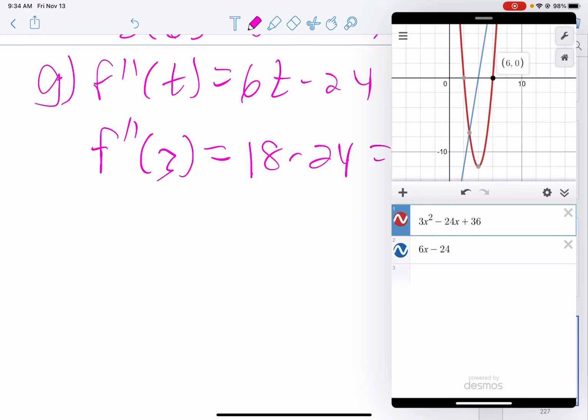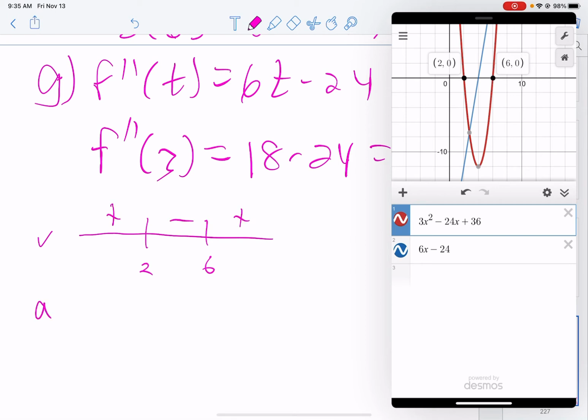So if we look at the red graph, that's our velocity. It is positive until 2, and then it's negative until 6, and then it's positive again, okay? So if we make a plus-minus chart, it's positive, negative, positive, okay?